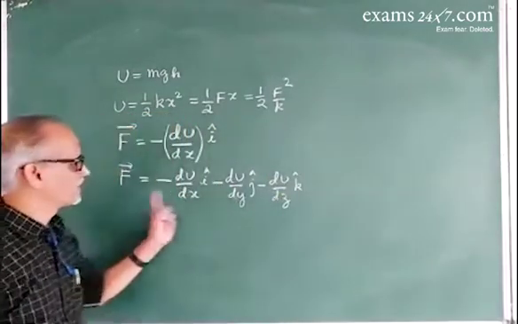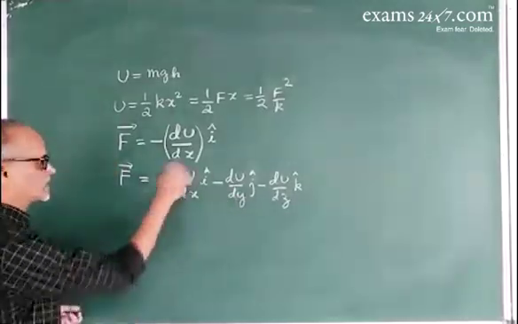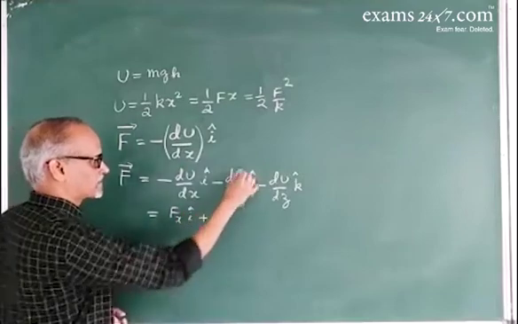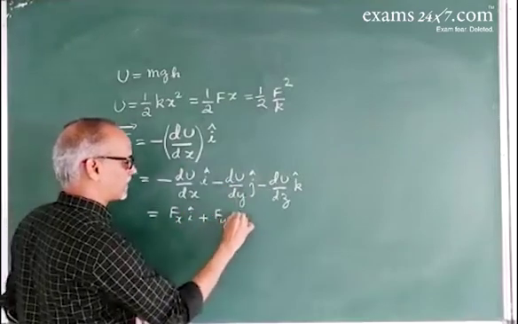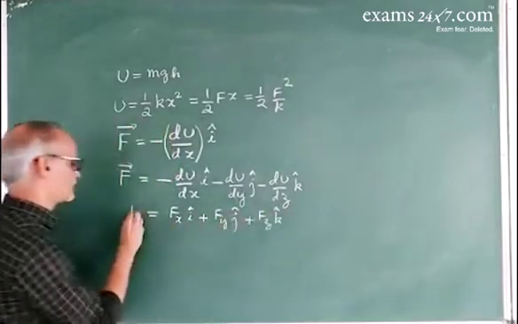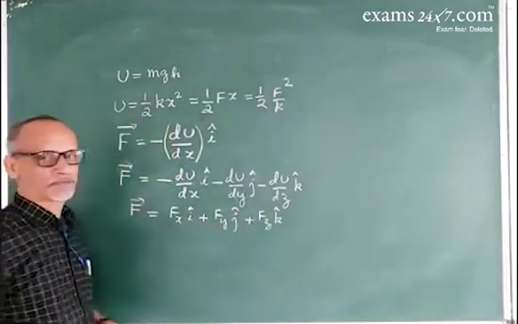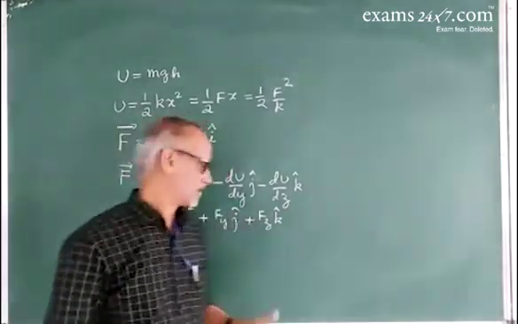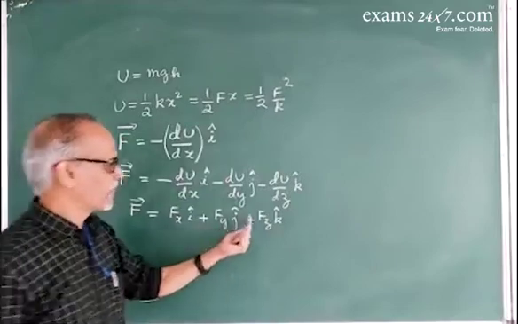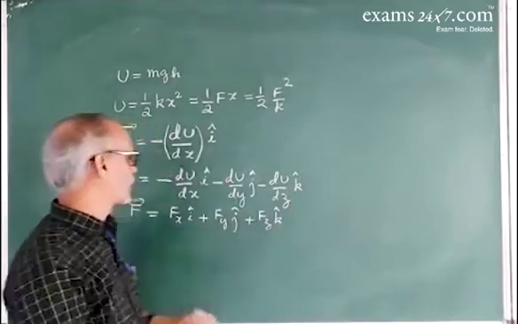So this is how we can find the net force. This represents Fx here with i cap, this represents Fy with j cap, plus this represents Fz with k cap. And if you want to find the magnitude of the force, go for the addition of the vectors, which is the root of Fx square plus Fy square plus Fz square.